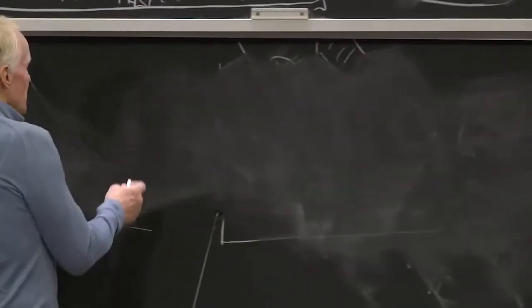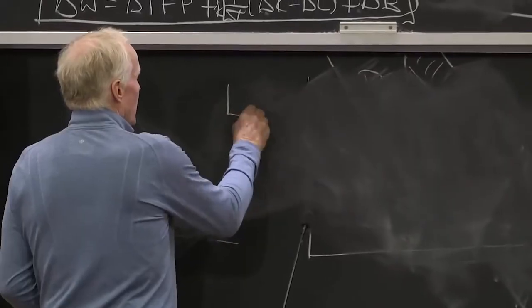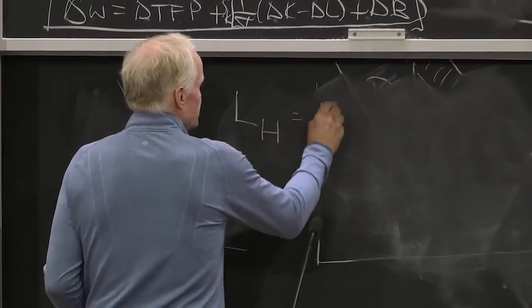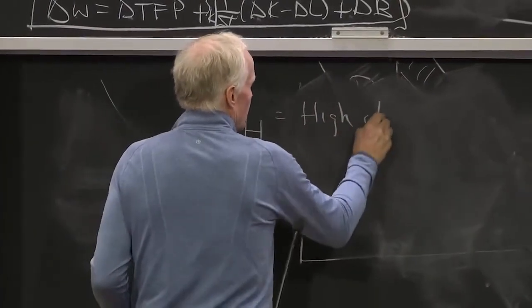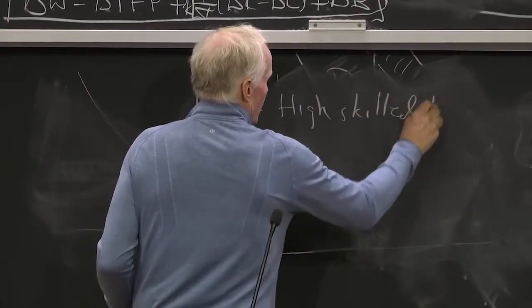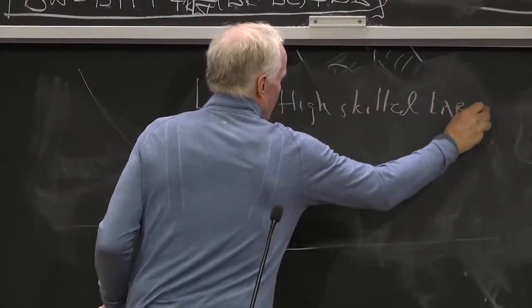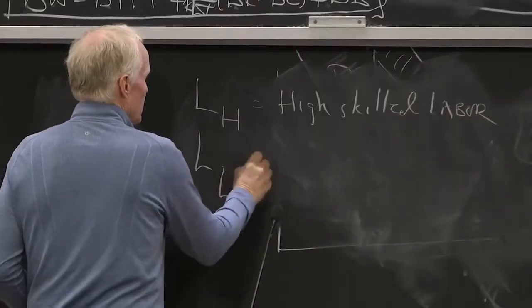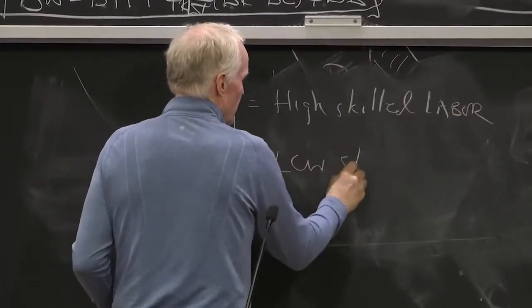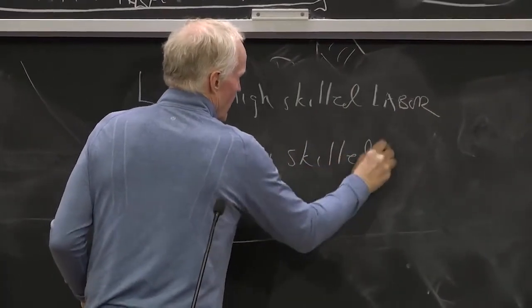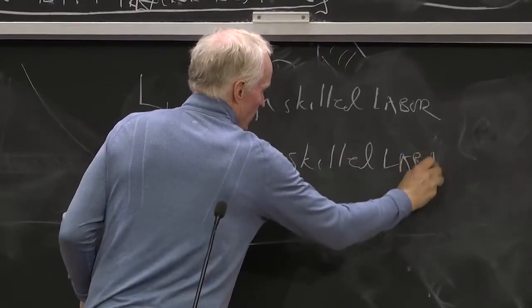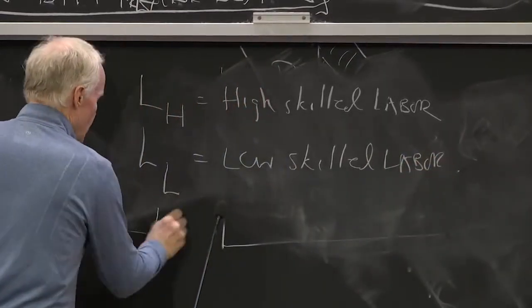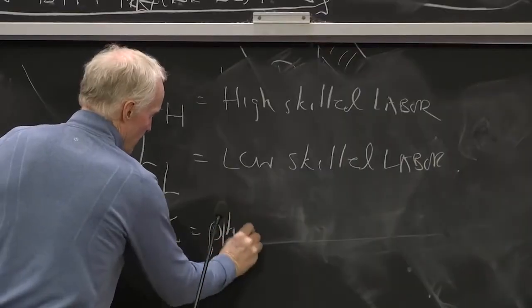The three inputs I want to have are LH, which is high skilled labor, LL, which is low skilled labor, and K, which is physical capital.